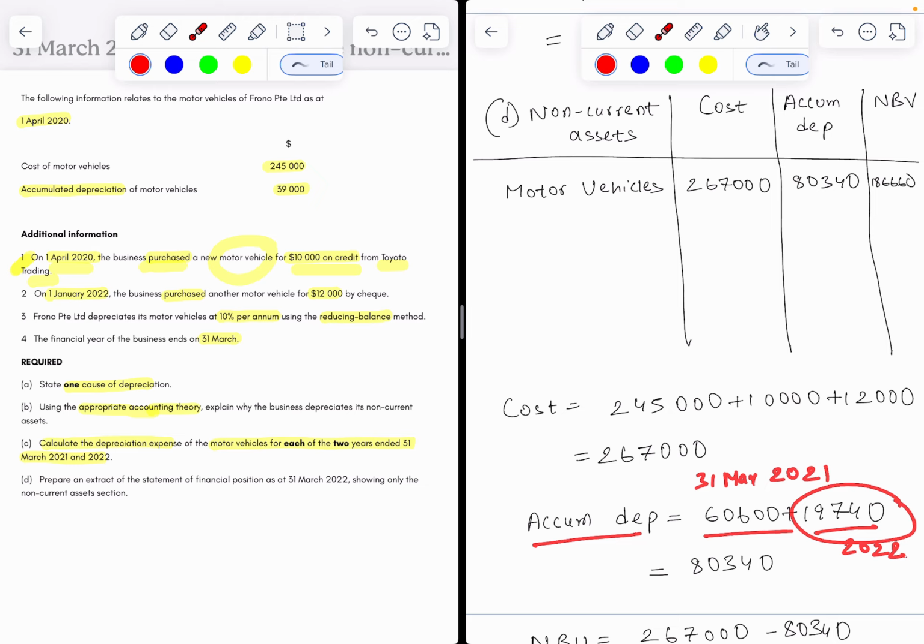Therefore, the total accumulated depreciation will be the sum total, which is $80,340, and that is what is shown here. Lastly, the net book value simply is calculated by subtracting the accumulated depreciation from the cost. Okay, and that is $186,660. All right, so that's how you get full marks in similar questions like this in your exam.